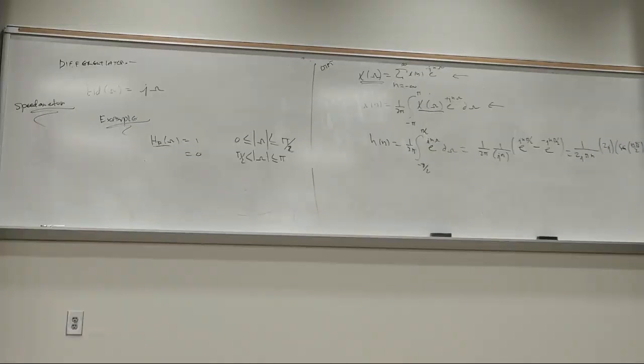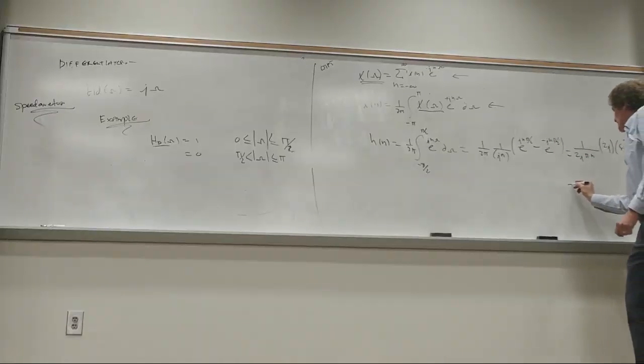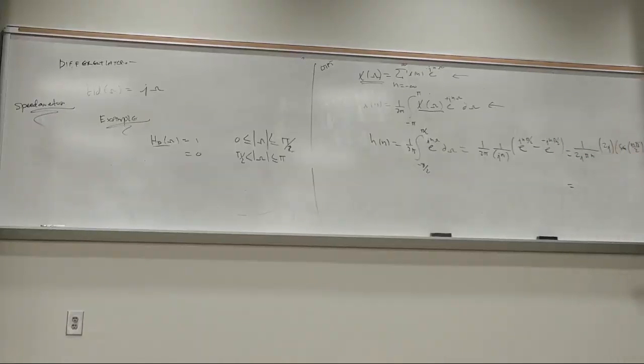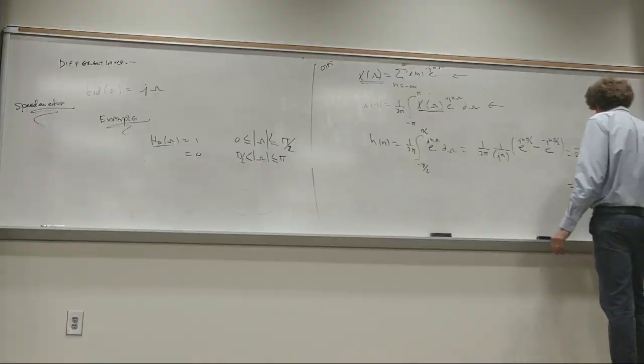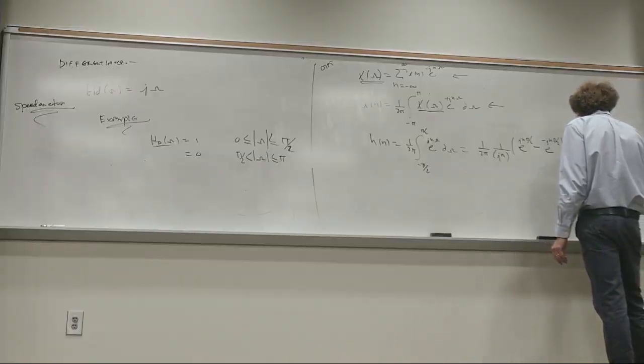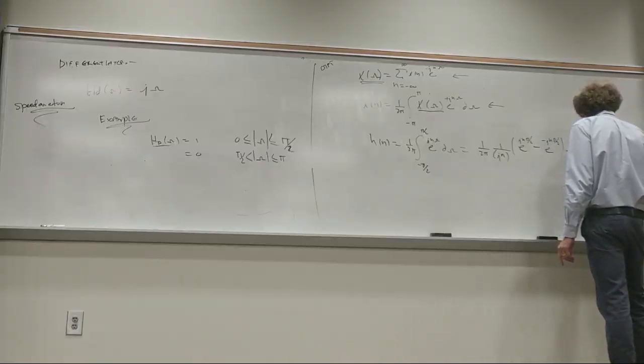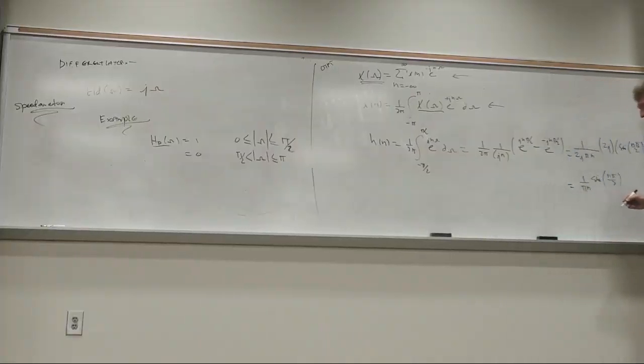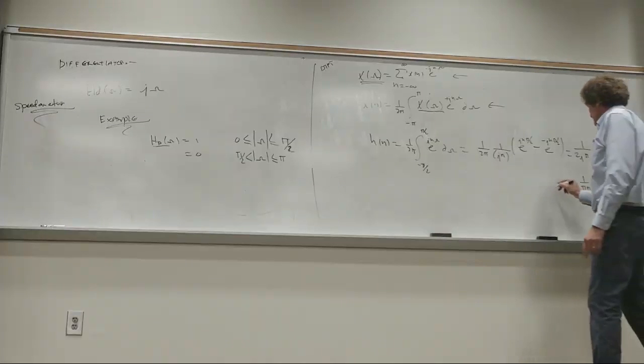I'm just going ahead and turning that into a sine. What happens next, guys? Say again? The 2j's cancel. And now I have 1 over pi n times the sine of n pi over 2. Right? And this is for all values of n. Now that is not causal, is it, class?